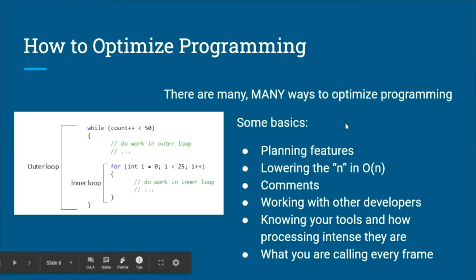Now, how to optimize programming? There are many ways to optimize programming. Everyone has their own ways of programming as well, so sometimes it's not even necessarily optimizing, but preference. But some basics is planning all the features beforehand, right?